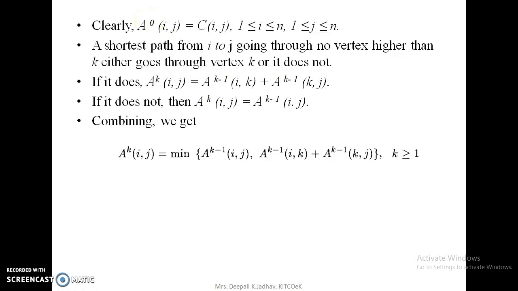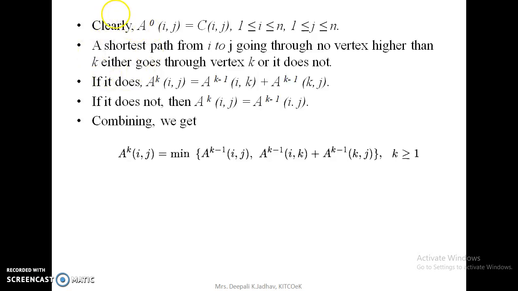After that we calculate A^1, means this is the path which starts from vertex i, goes through vertex 1 and then terminates at vertex j. So in this way we travel from A^0, then A^1, A^2, up to A^n.